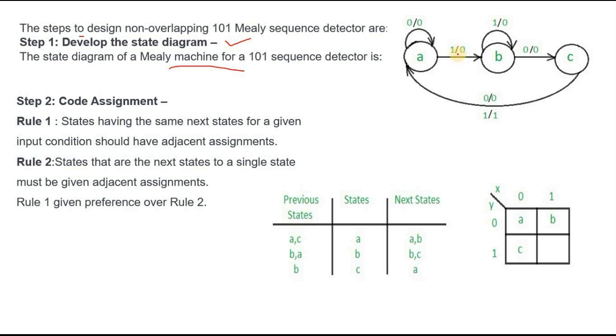See, this is 1, 0, 1 and 1, 0, 1. This is output 1. So this is state A, state B, state C. Because it is a 3-bit number, we imagine that there are 3 states present in it.